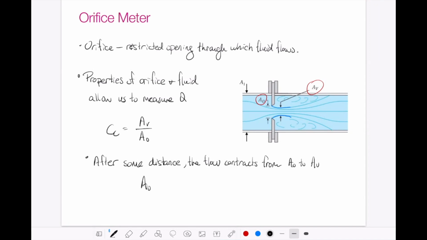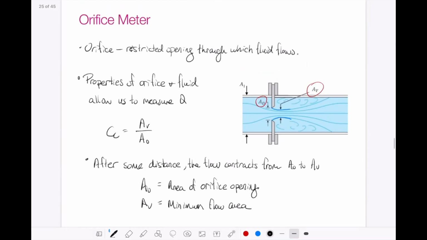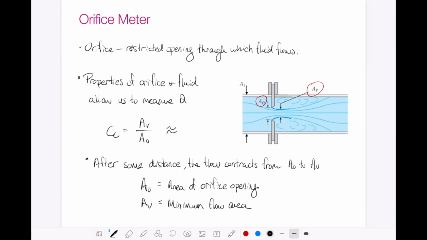So A0 is the area of the orifice, and AV is the minimum flow area. So usually, from experiments and theory, CC, or the contraction coefficient, will be somewhere around 0.6.